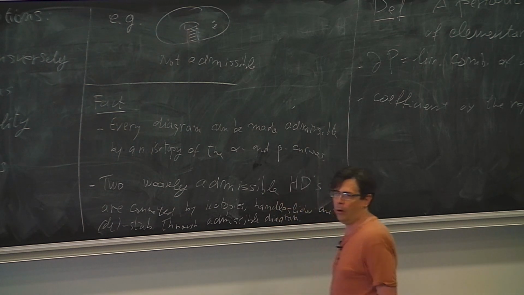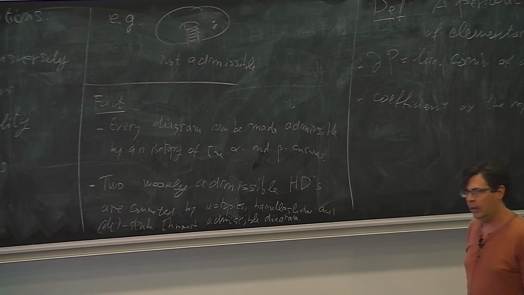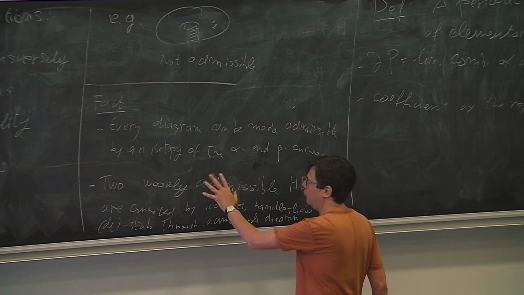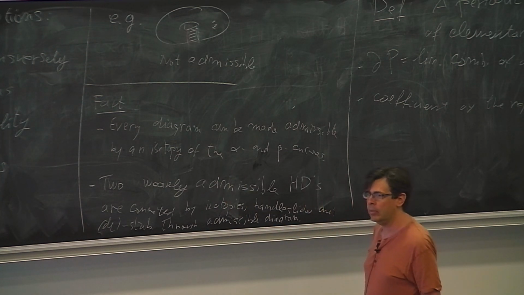So to define a topological invariant, it's enough to define Heegaard Floer homology for weakly admissible diagrams.